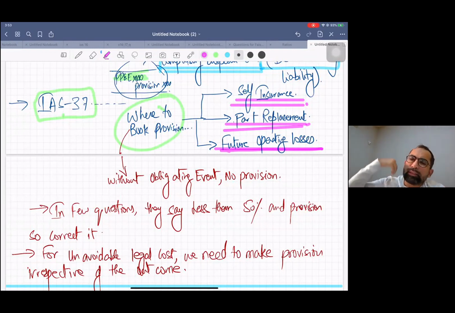If I say that next year I will have big losses in my business, so I'm booking a provision for that, it's not allowed. Maybe before next year I simply close my business. That means that event will not occur. So there is no present obligation for future operating losses. So you must know all these areas. These are very famous areas which the examiner routinely asks.